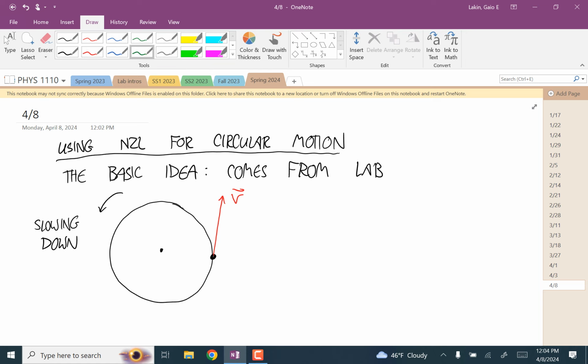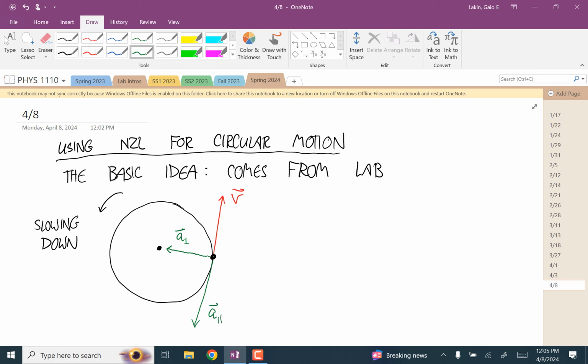Since it's slowing down, which way is the parallel part of the acceleration? In the opposite direction of the velocity. So I'll call that a parallel. And then the perpendicular part of the acceleration always goes toward the center of the circle. So here's your a perpendicular.